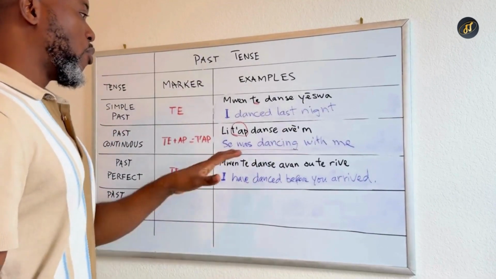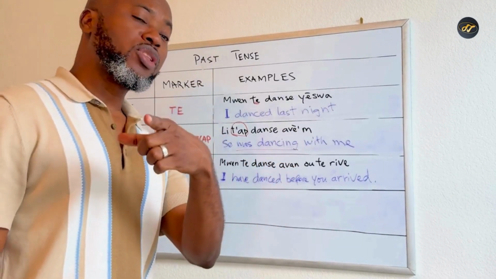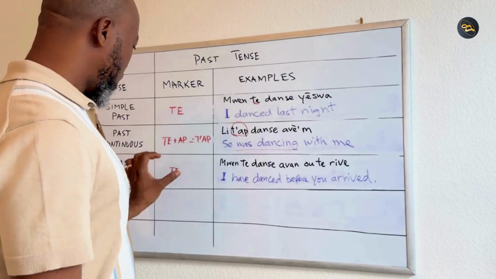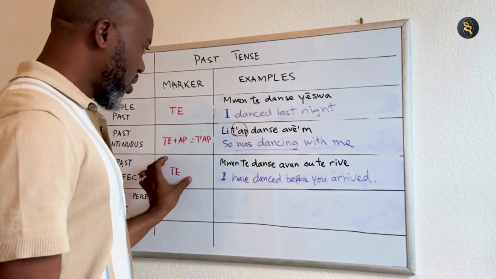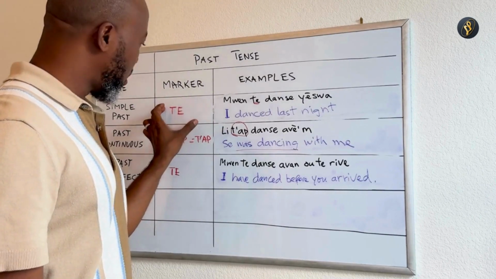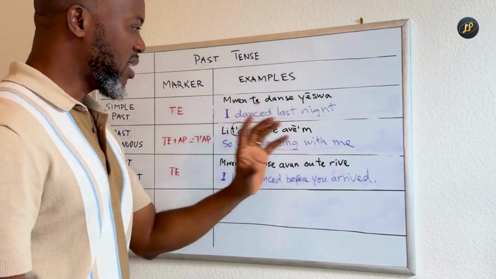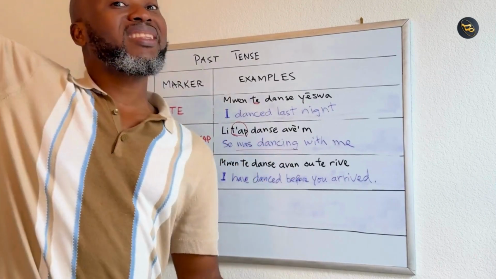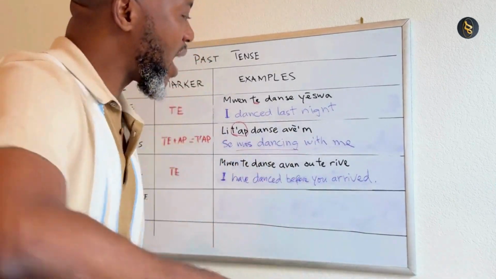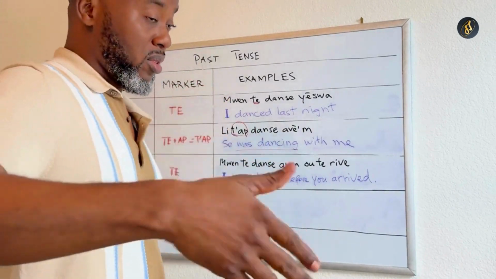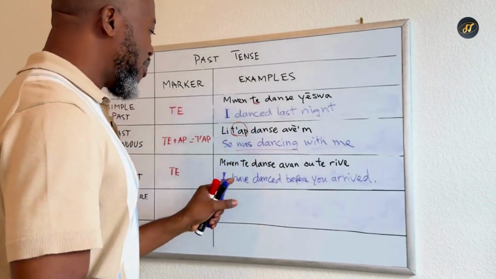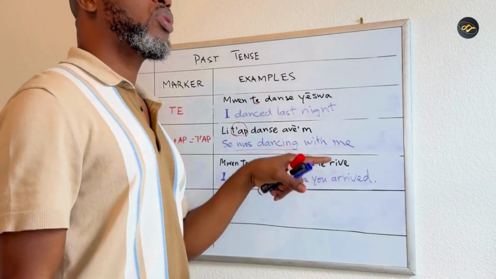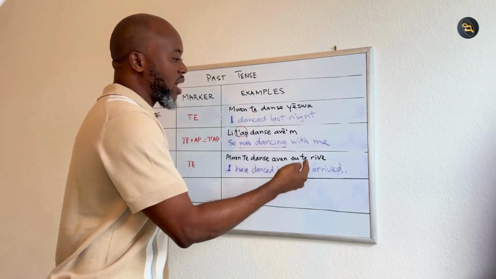So, mwen te danse avant ou te rive. Okay? It's back to the te, the simple past marker, and some kind of other word like avant, to say, okay, that was in the past before the other action. So, I had danced before you arrived. Mwen te danse avant ou te rive.